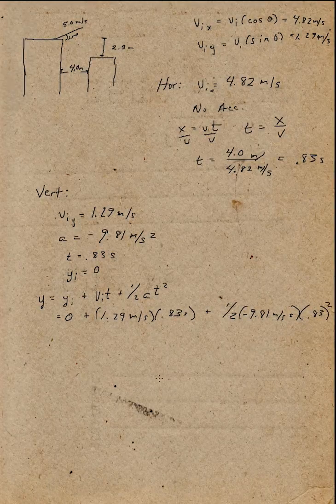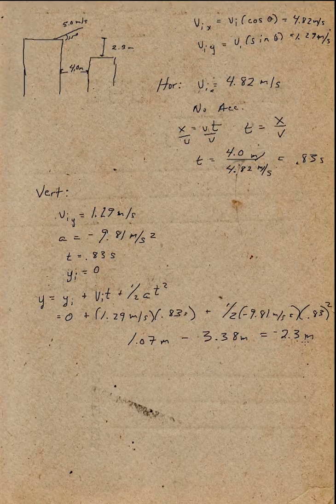When we plug in all these numbers, we end up with 1.07 meters here, minus, because we've got the negative for it falling down, 3.38 meters here, which is going to give us a negative 2.3 meters.